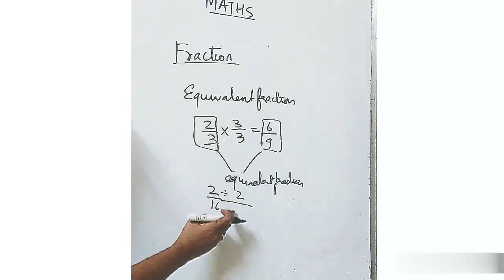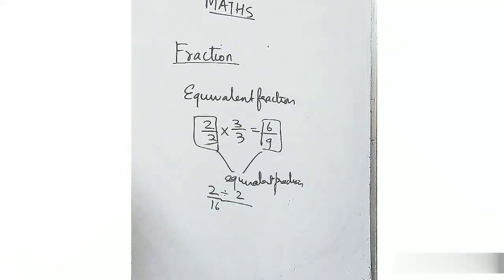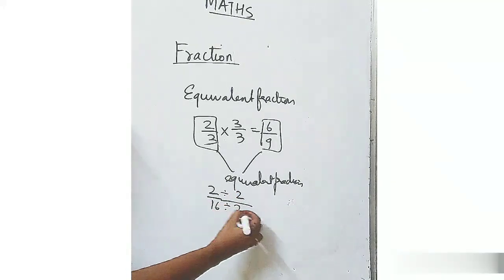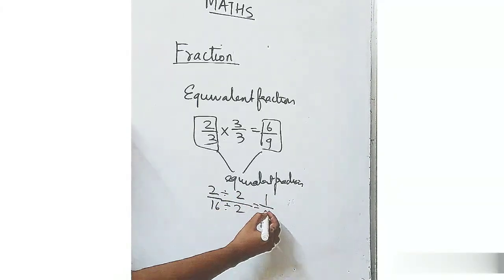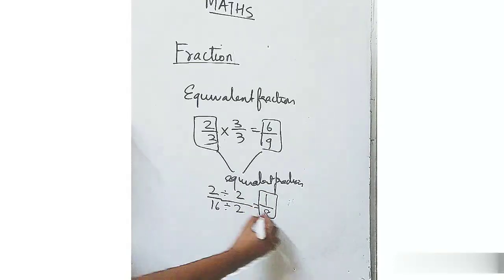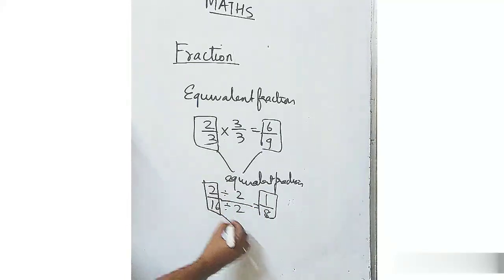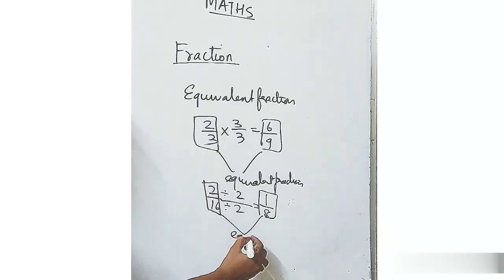With a common number you should divide, students. So 2 divided by 2 will be 1. 16 divided by 2 will be 8. So I can conclude that this and this are equivalent fractions. So this is the equivalent fraction.